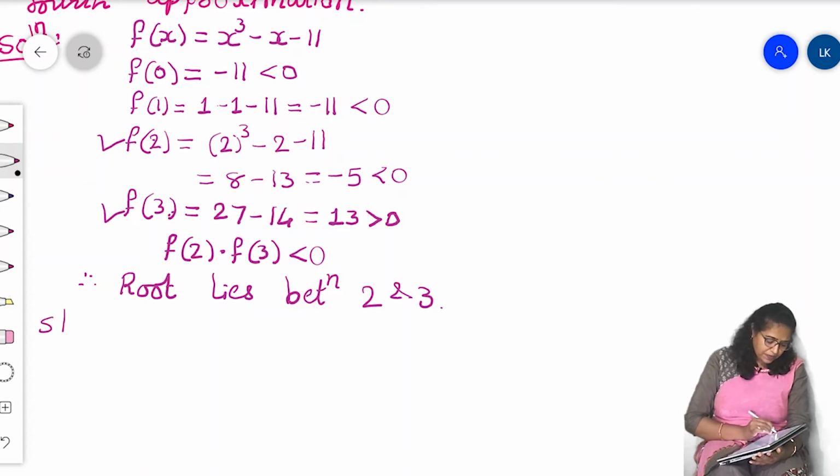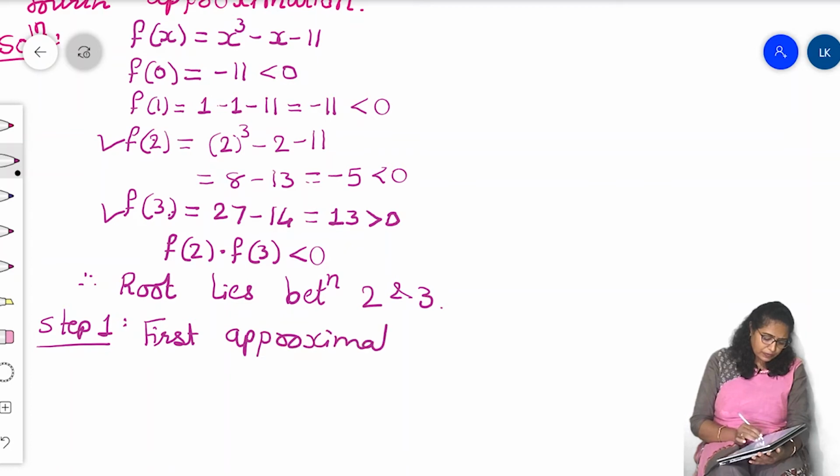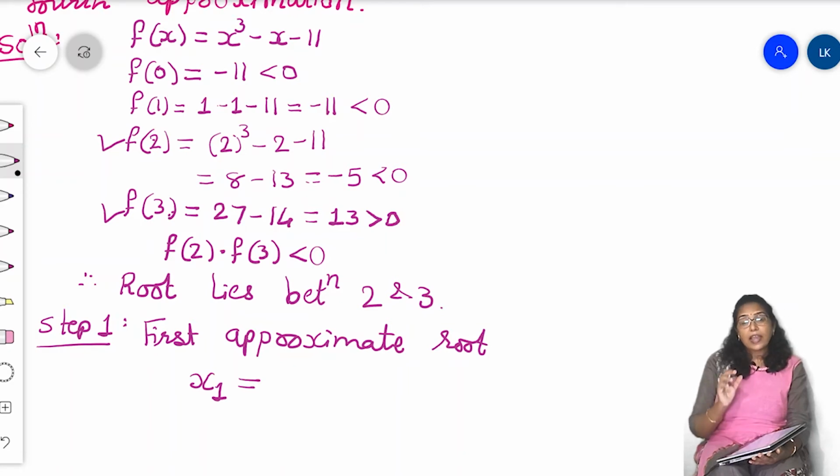The first step, step number 1. What is our first approximate root? The first approximate root, let us use the notation x1. X1 is addition divided by 2. That is 2 plus 3 divided by 2.